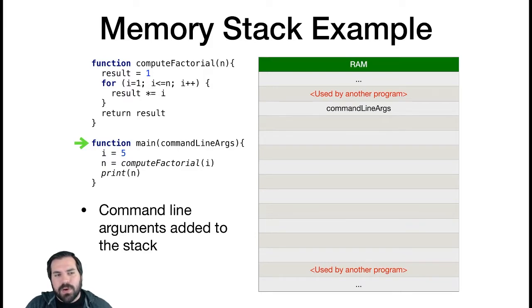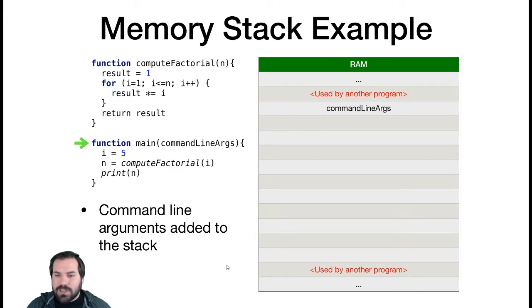If you run your program with command line arguments, not something we'll use in this course, that'll be the very first thing that's on the stack, those command line arguments. In Scala, this is args, that array of strings that you have to have as a parameter to your main method. These would go on the stack first thing, very first thing.